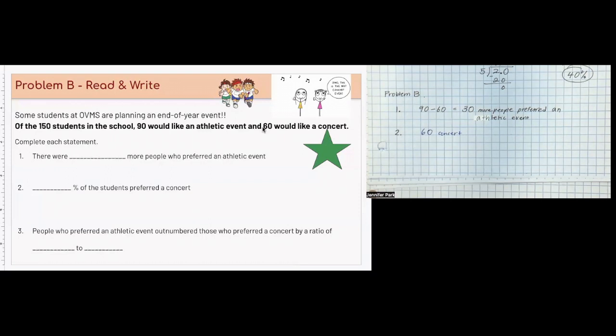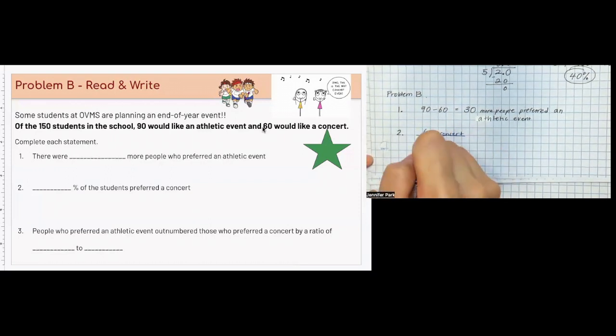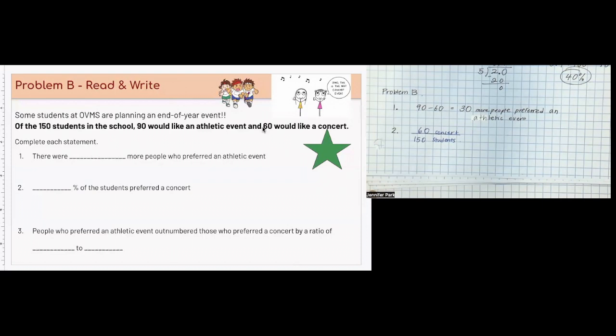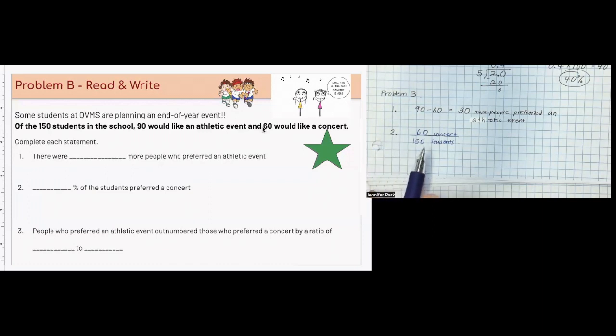Out of how many total? Well, there are 150 students total, right? So if you write that as a ratio, it's 60 students prefer concert to 150 students total. And remember, how do we write a ratio as a percentage? We're going to divide 60 and 150.